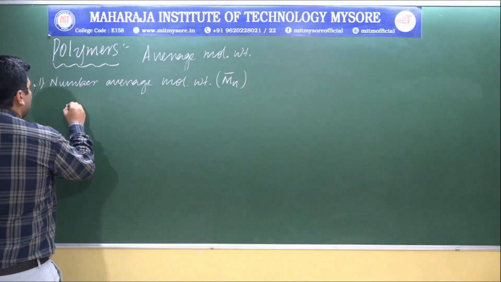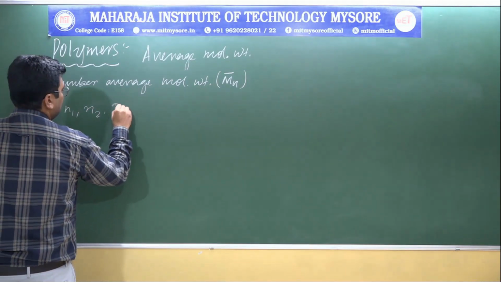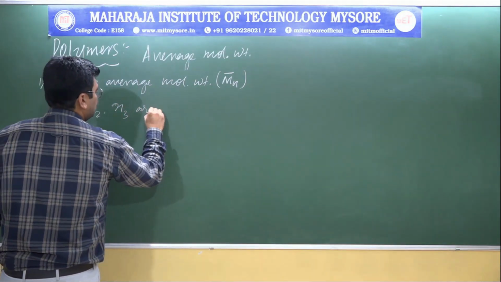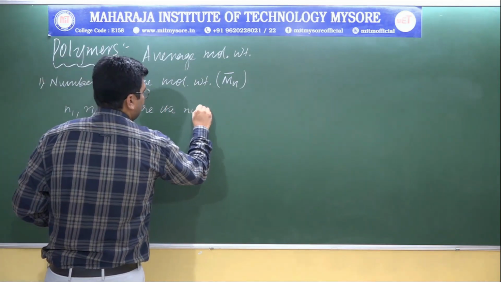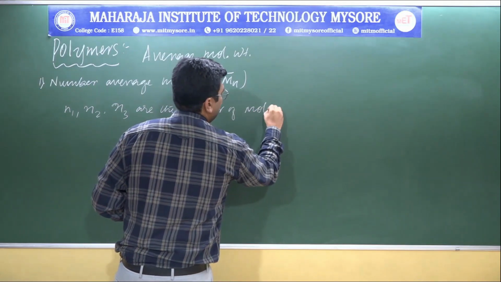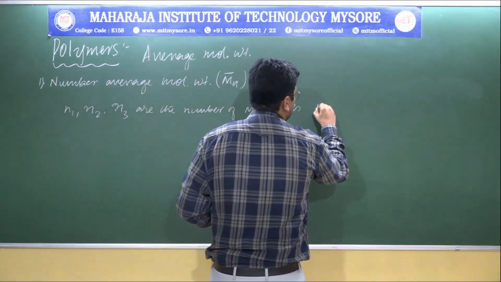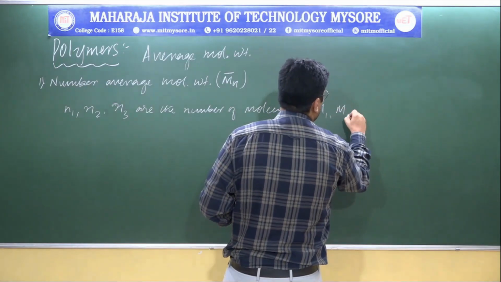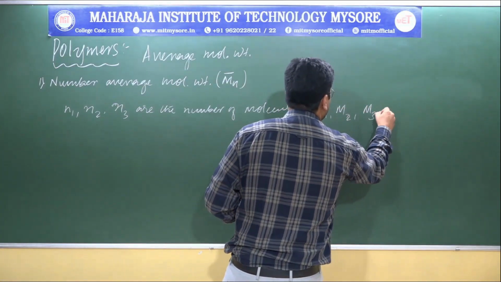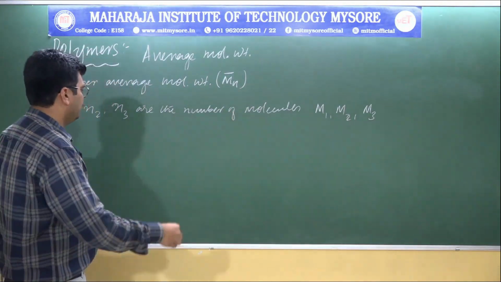If n1, n2, n3 are the numbers of molecules having the molecular masses m1, m2, m3, then the number average molecular weight can be expressed like this, right?